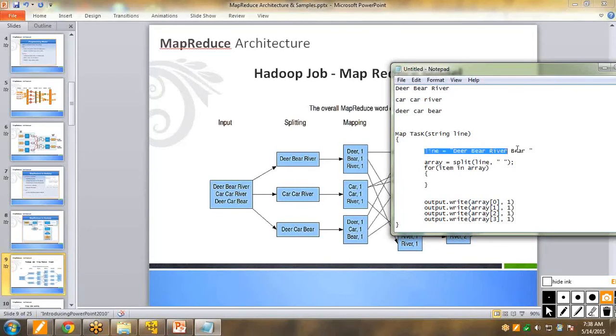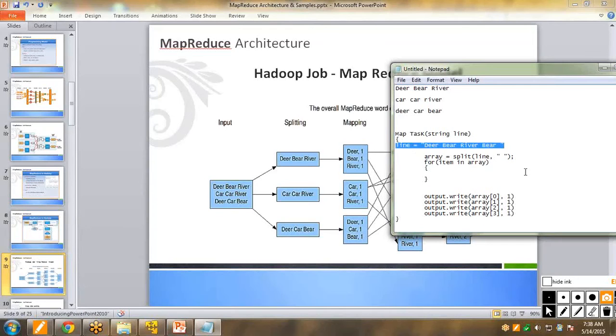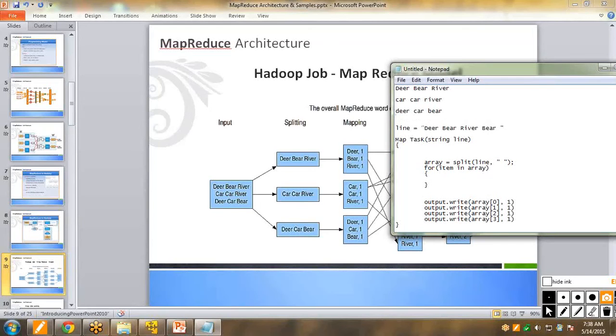Oh yeah, this comes from the top. I want to simplify things, so I just put it here. Imagine the framework is doing this thing. So that is just an example, right? Deer, bear, river, and bear is an example. Yes, the line equal to that is not a part of the code.